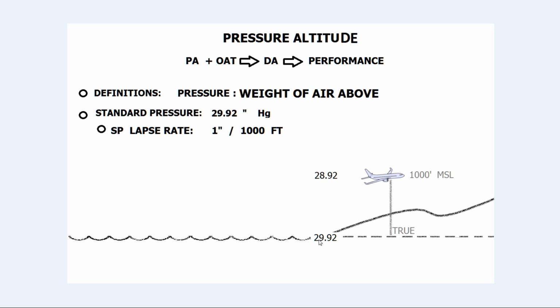So if 29.92 is standard at sea level and we lose 1 inch, it's going to be 28.92. However, every day is not a standard day. It's frequent that a high pressure system is moving along, or a low pressure system is coming around. So let's look at a different example.